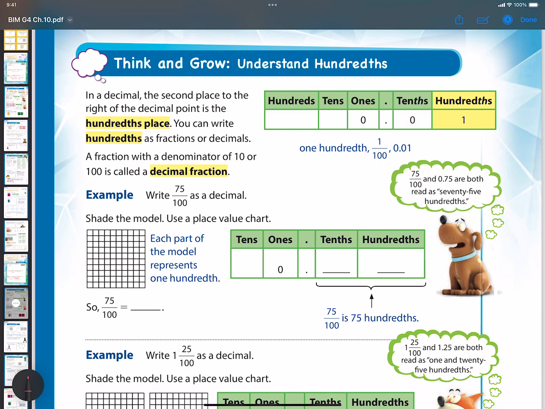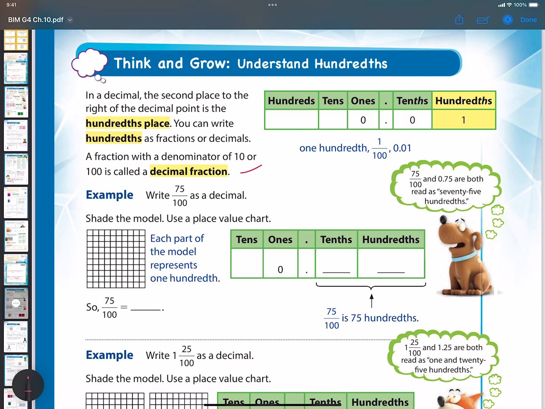So it has to be multiples of ten, so they are called decimal fractions. Now for an example, write 75 over 100 as a decimal. In other words, 75 hundredths.